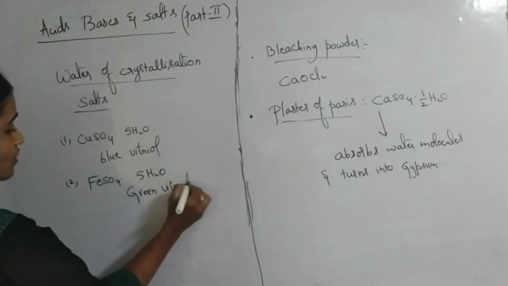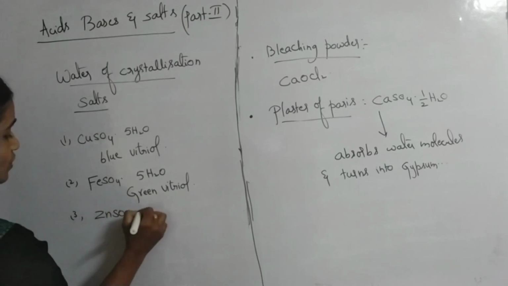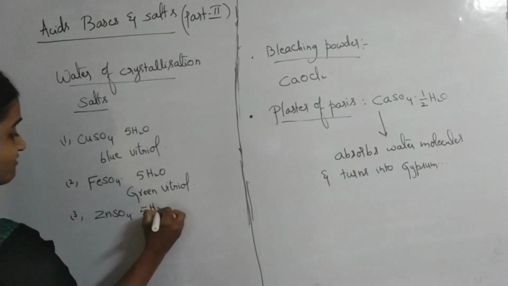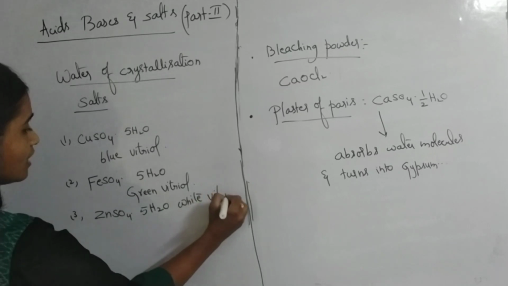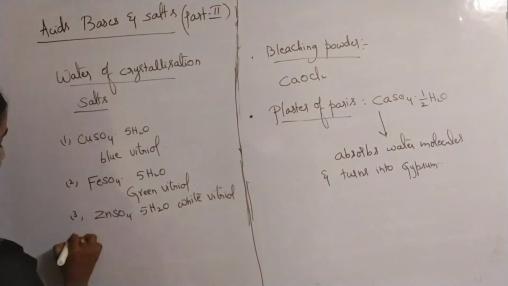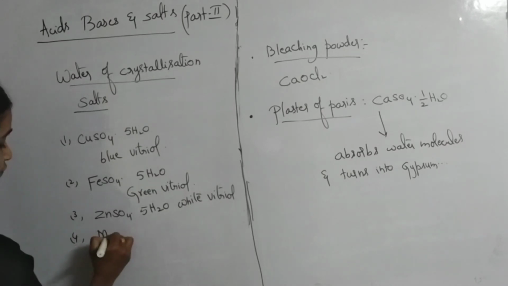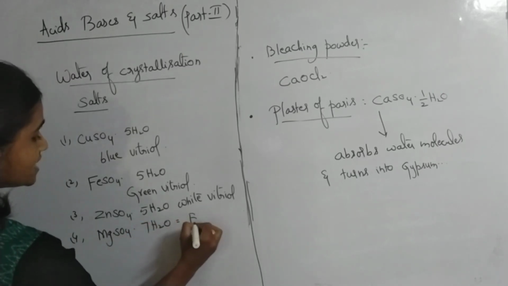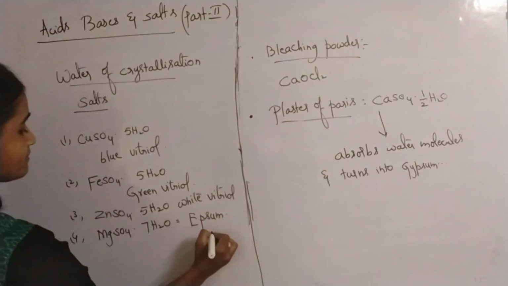Then you have zinc sulfate, ZnSO4.7H2O, sorry, 5H2O, which is called white vitriol. Zinc sulfate is white vitriol. And you have Epsom salt, MgSO4.7H2O. You call it Epsom salt.